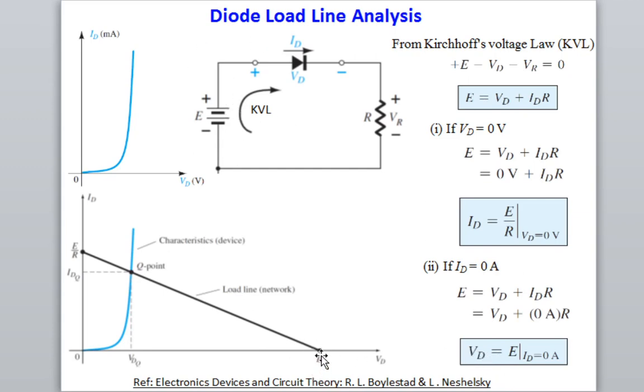So the first point is E, 0 and the second point is 0, E upon R. If you join these two points, you will get a straight line, and this straight line will cut the diode characteristics. This intersection point is known as the Q point. This is how one can do the diode load line analysis. Apart from this, I will explain DC load line and AC load line for transistors in coming lectures.